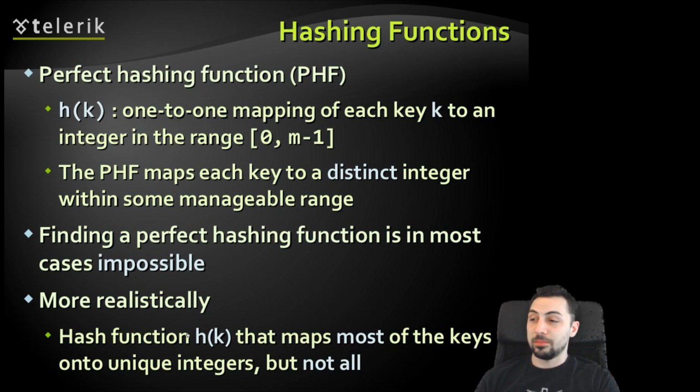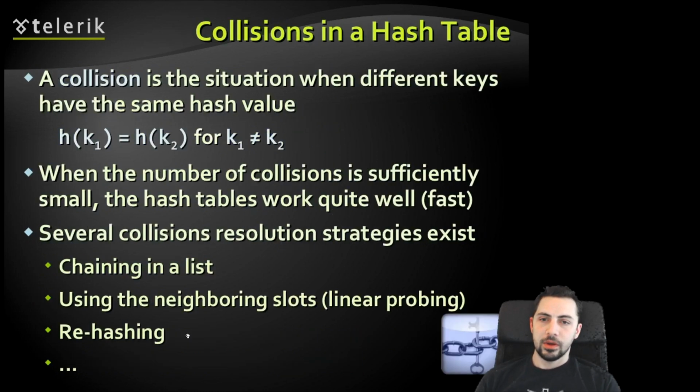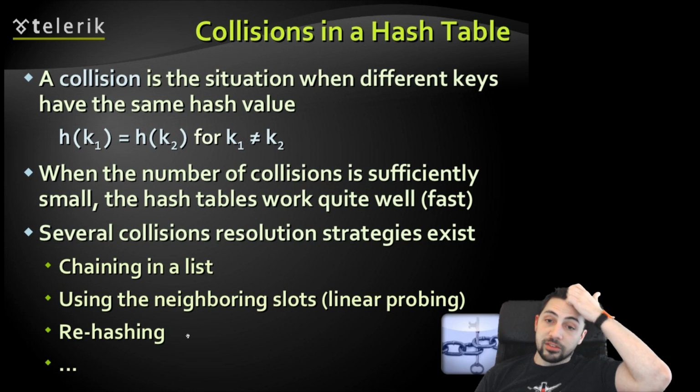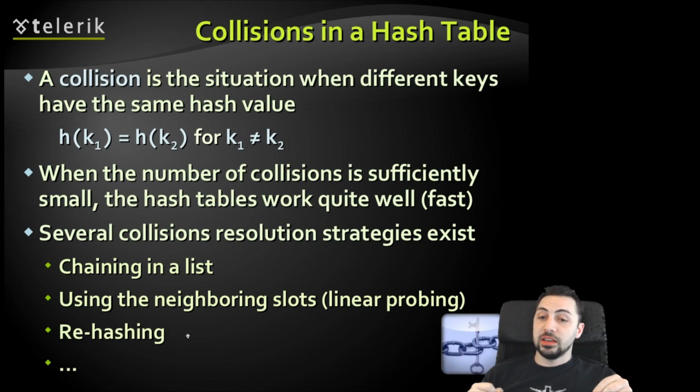For most common inputs, we'll have a unique output of the hashing function. So when we do have something where two different keys result in the same hash, we call that a collision. And if we can keep collisions down, it's not actually really a problem, because there are ways to resolve collisions.